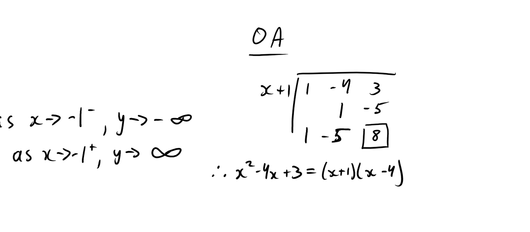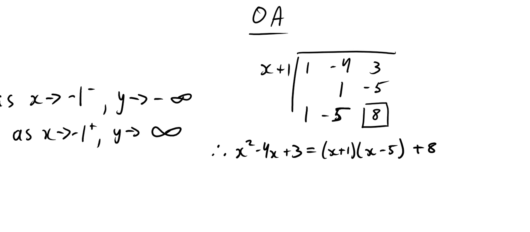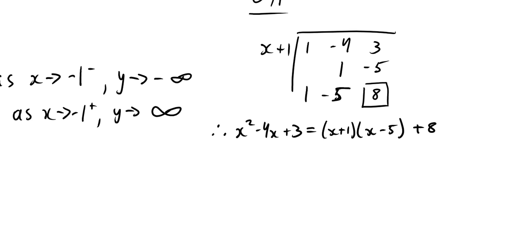That comes from the quotient, the result that we got. That's not a 5. What's going on with me today? Holy cow. And then my remainder, so plus 8. We okay with this?